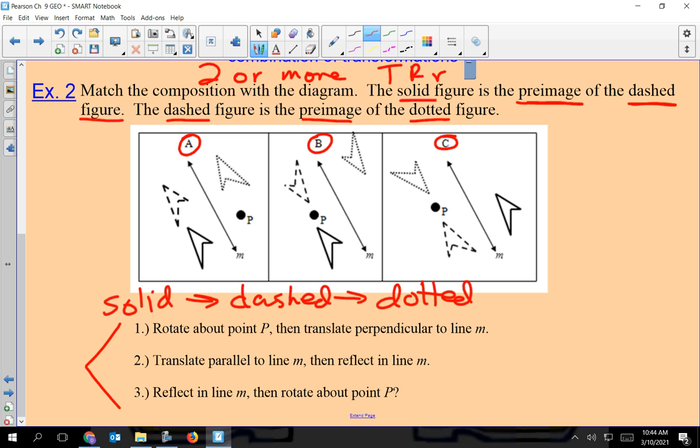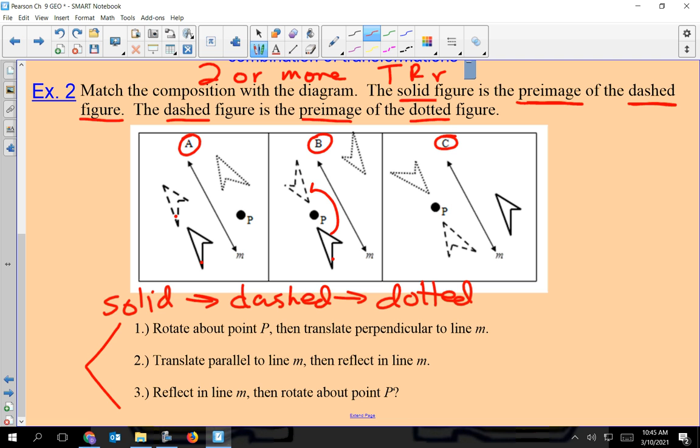So taking a look at that, which one do you think it is? Okay. We'll rotate around P. So I'm starting with the solid figure, like here. Did I rotate this around P to get to that dashed figure? Doesn't look like it. Okay. So let's go here. Here's the solid figure. Did I rotate it around P counterclockwise?